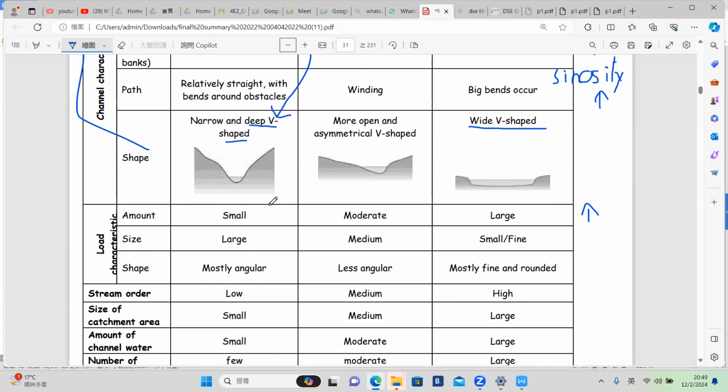The upper course is at the very beginning, so it is the origin of the different loads: low, moderate, and then large towards the lower course, because there are more and more sediment going into the river along the way. More sediment is added along the way, making the lower course larger and larger in terms of amount.